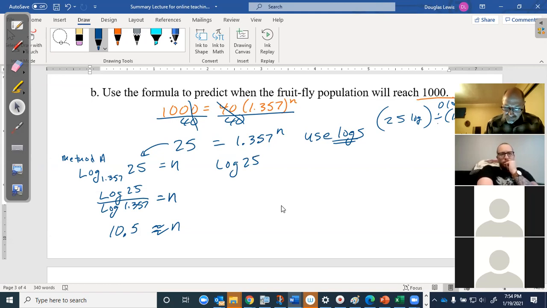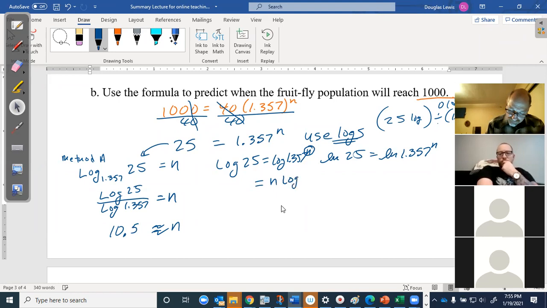And by the way, if you use natural log, that's fine too. Natural log of both sides equals the log of 1.357 to the n. Actually this is three ways: method A, method B, method C. But now there's a rule that says if you have the log of a power, you can take that exponent out.